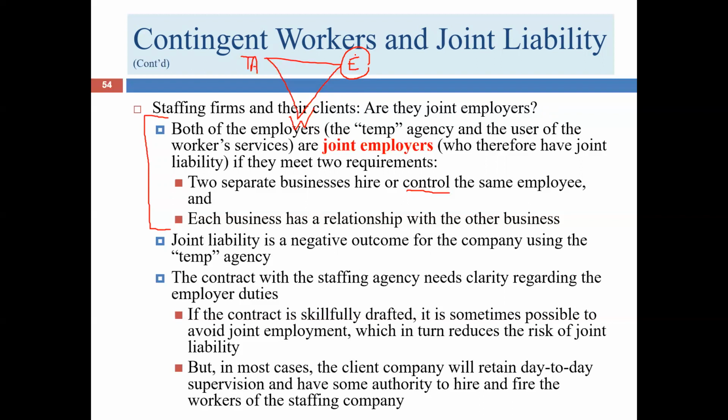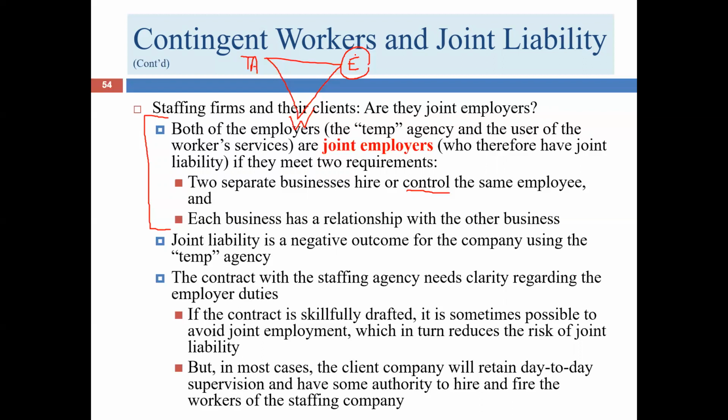So, for example, if the employer dictates dress code or dictates when the person needs to be at work, or establishes the training system for that particular worker, has an attendance program that the employer expects the temporary agency to apply.